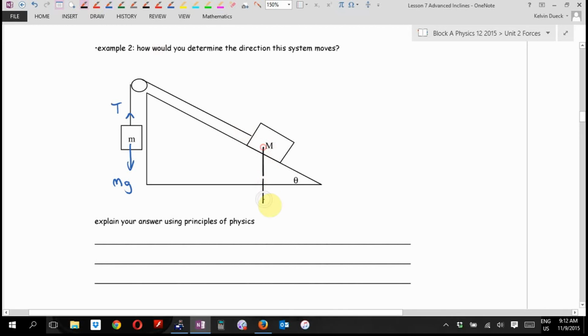I'd have big M, g, which I would break up into big M, g perpendicular and big M, g parallel, and tension. Oh, there's also going to be a normal force. Good point.